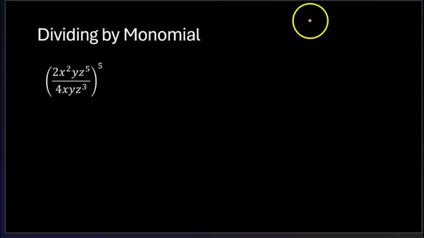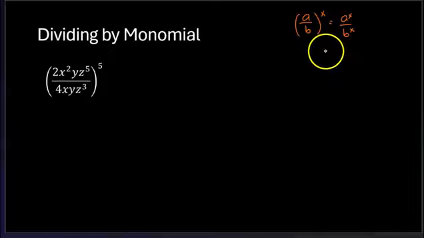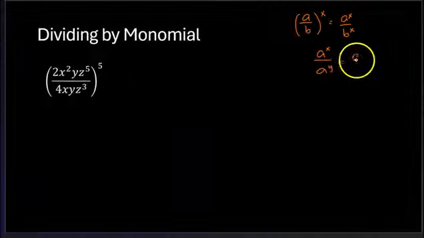If you remember, under laws of exponents, if you have a over b raised to x, we can simplify this as a raised to x over b raised to x. And if we have, let's say, a raised to x over a raised to y, we can simplify this as a raised to x minus y.